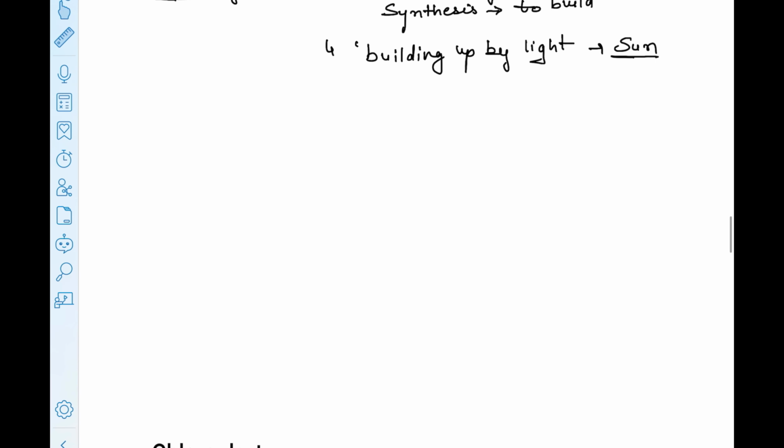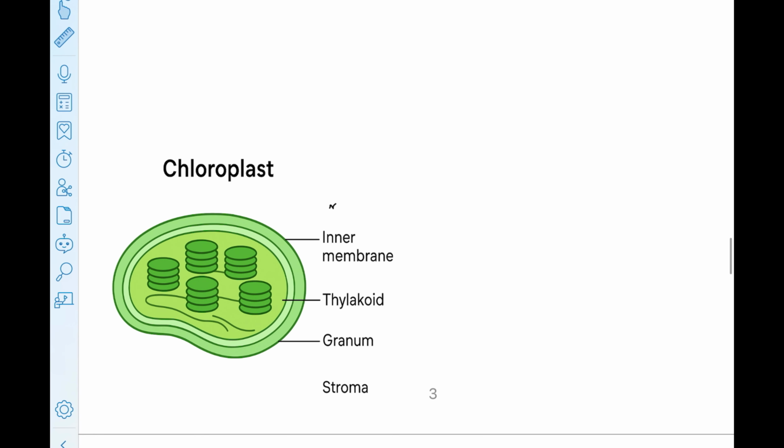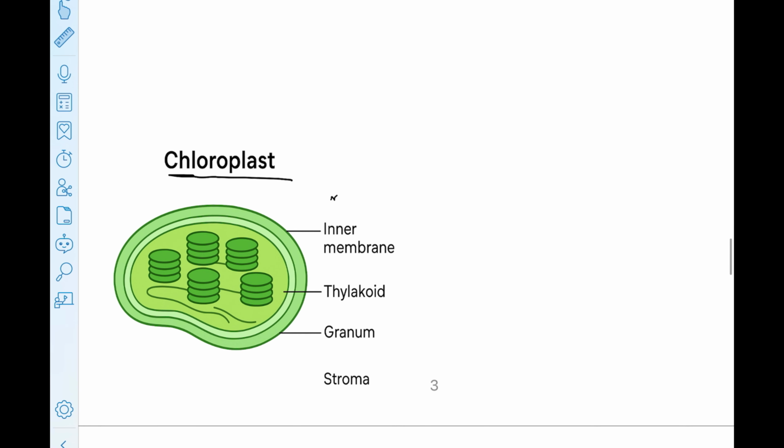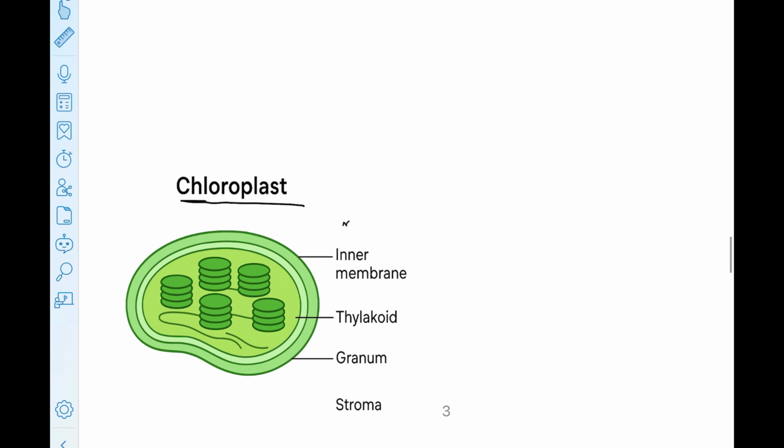How plants are able to perform this process? So plants have a green oval shaped organelle known as chloroplast that helps them to make their own food. So this is the general structure of a chloroplast. It has an inner membrane, an outer membrane. These membranes protect the organelle and control what goes in and out.